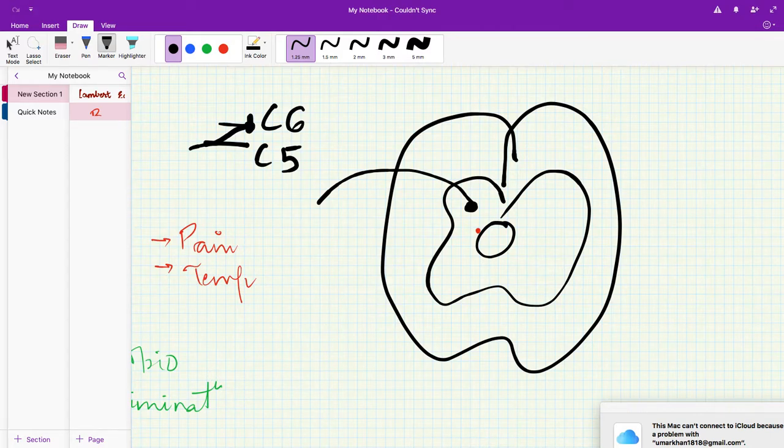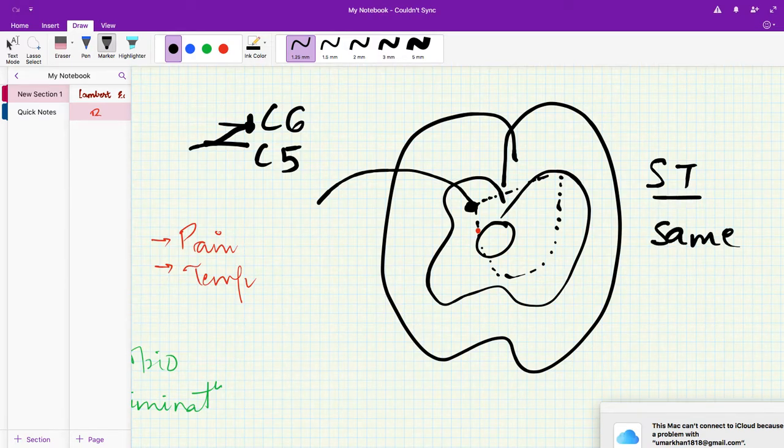So it starts to cross at the same side, means C5 it starts to cross, and by the time it will cross to the opposite side, it will have been actually raised one level. So though practically we'll say that the spinothalamic tract crosses at the same level, but in depth it is actually one level above.